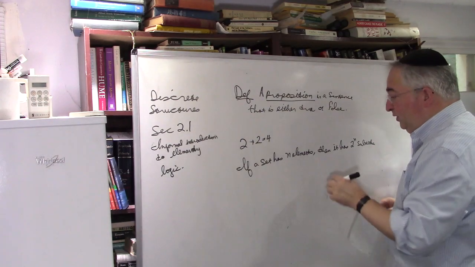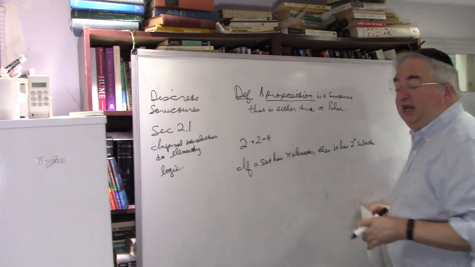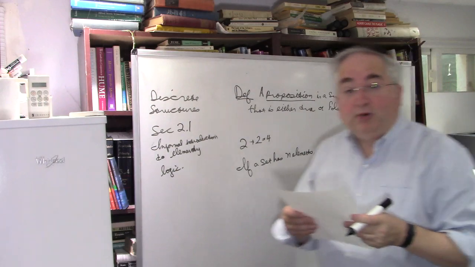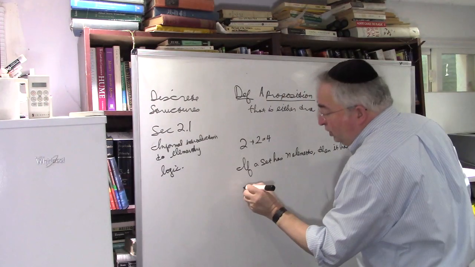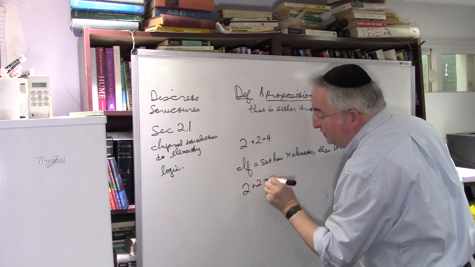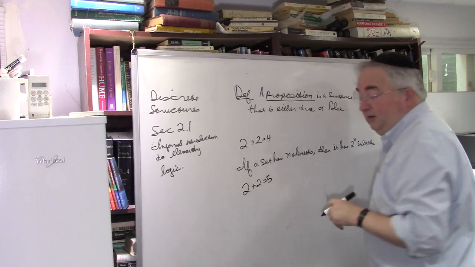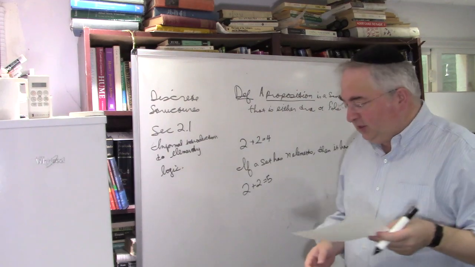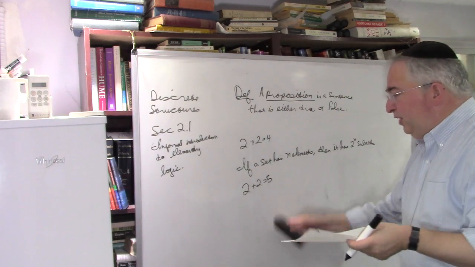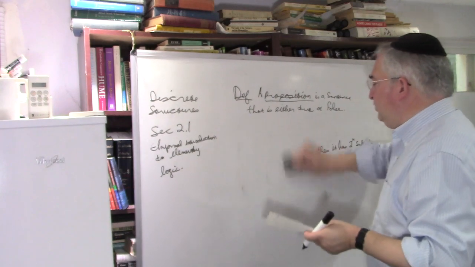It happens to be true. But it's written in an if-then statement. We're going to have some propositions that are like that. Okay, let me give you another proposition. 2 plus 2 is equal to 5. Okay, that's perfectly legitimate. It happens to be false, but it's perfectly legitimate. It's a proposition.